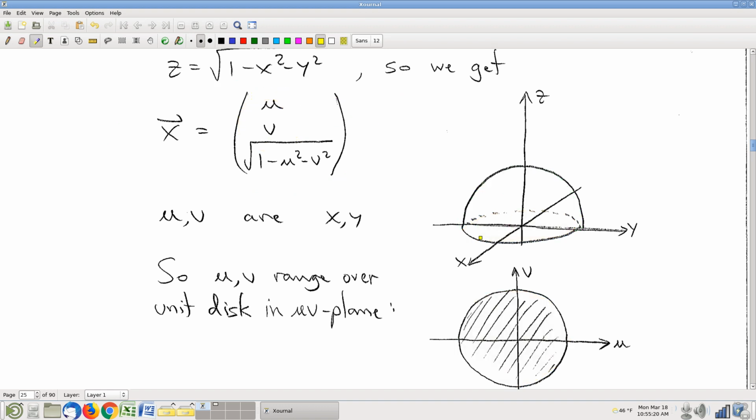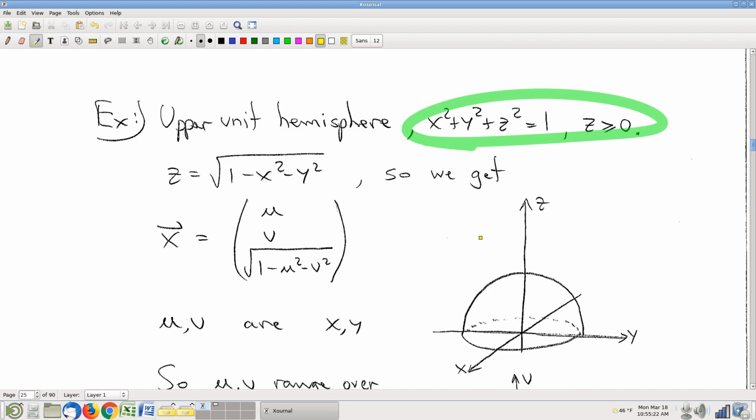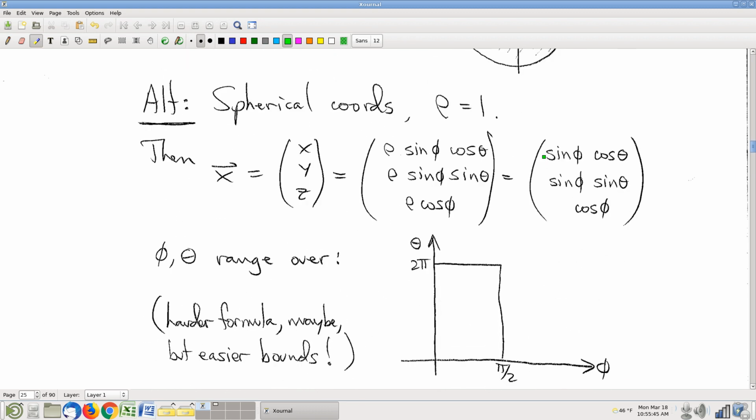All right, now I'm going to show you another way to parameterize this same upper unit hemisphere. This is different. You're not going to like it the first time you look at it. This is going to seem unnecessarily complicated. It turns out that this is actually really, really convenient. This is your friend, not your enemy. You will learn to like the following seemingly awkward choice, and that is to use spherical coordinates.